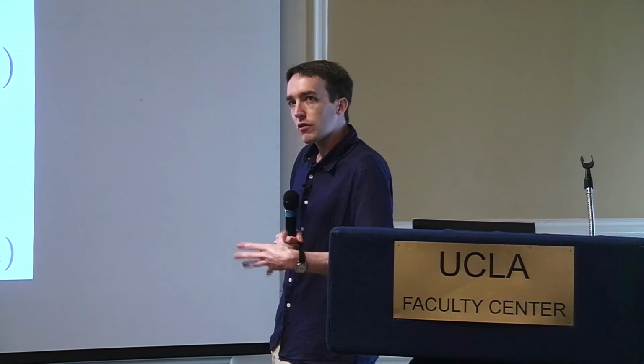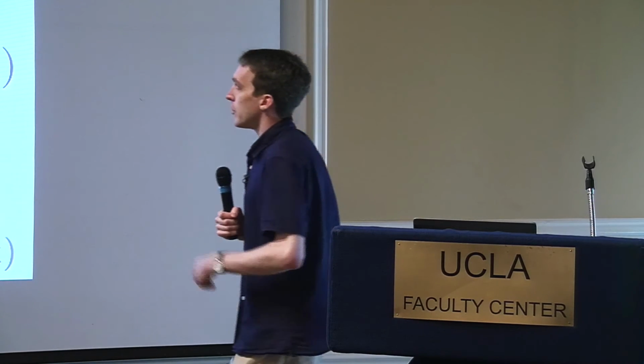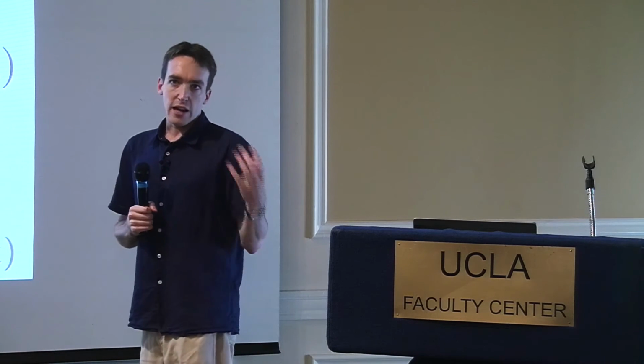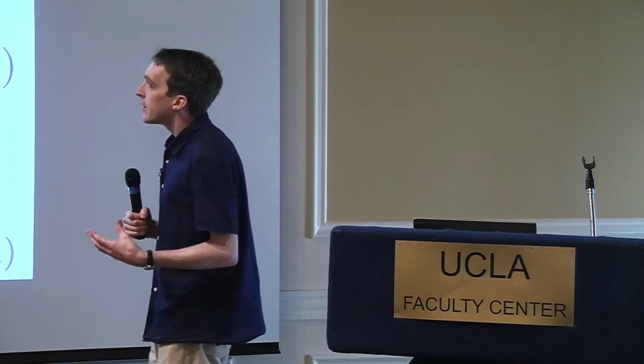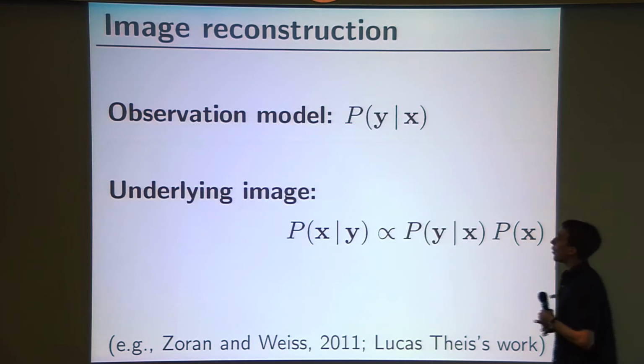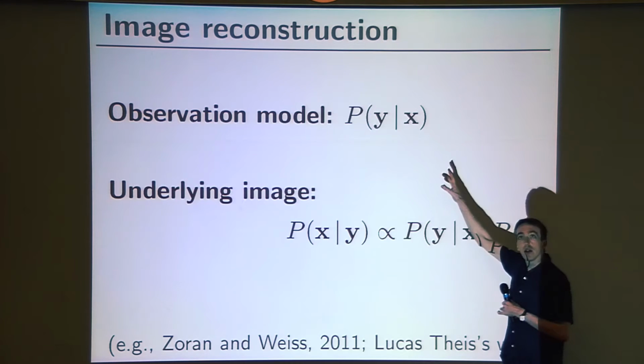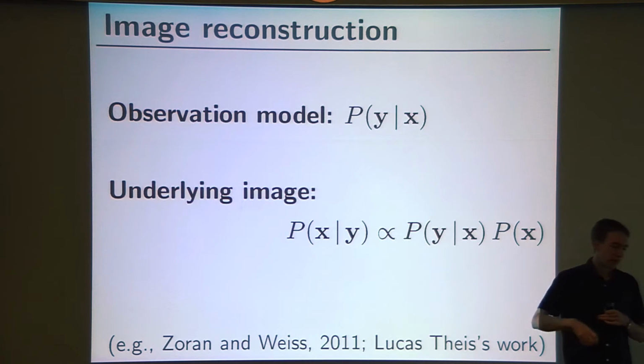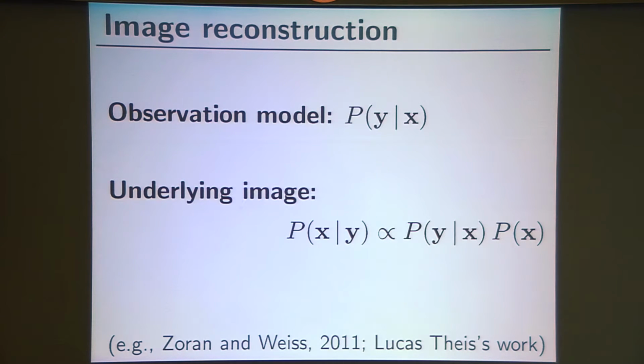So there's a lot of image reconstruction problems where you have an observation model, you have a downsampled image, a noisy image, a blurred image, whatever it is, some corrupted image, Y, where you've got a good model of what that corruption process is. And if you're in that situation and you've managed to fit a really good model P of X of images, then Bayes' rule tells you what to do.